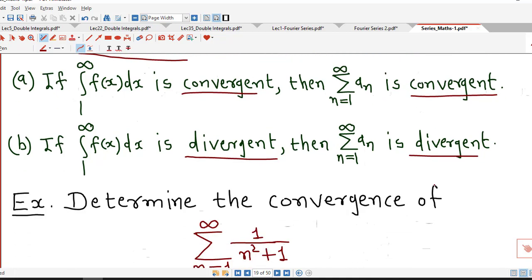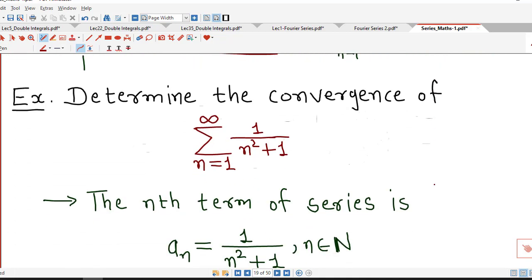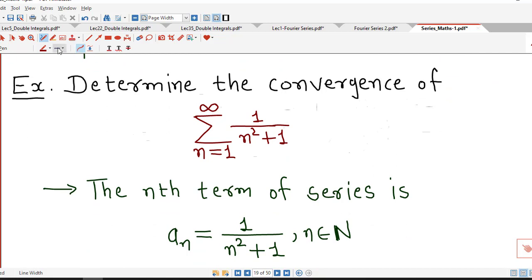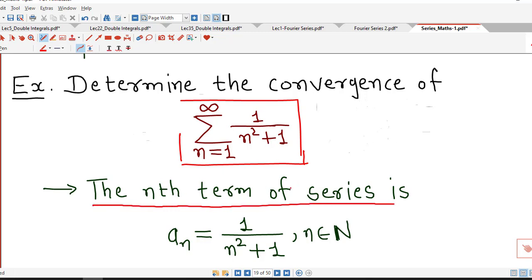So we understand the application of the integral test with an example. Here we are asked to determine the convergence of the series sigma 1 over n squared plus 1, n from 1 to infinity. First we write down the nth term of the series, which is 1 over n squared plus 1.